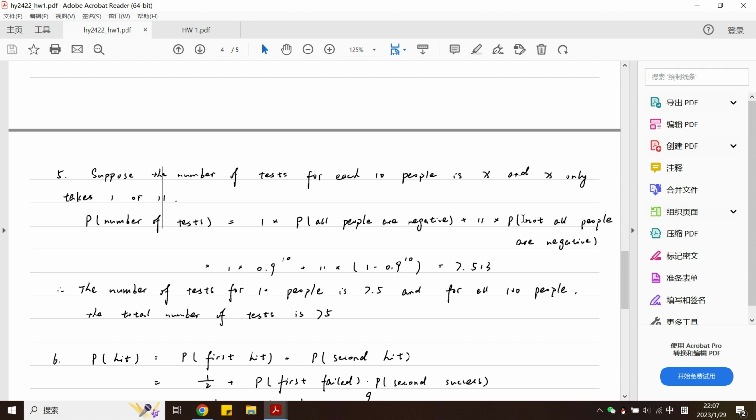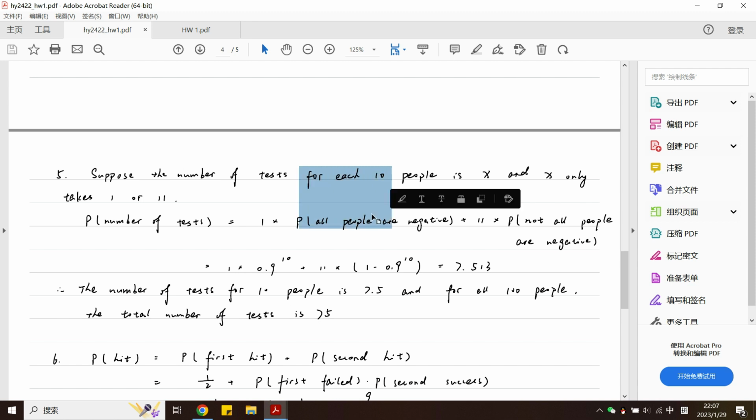After that, we also need to calculate the probability that not all people are negative. That means someone was positive, and we need to have 11 tests. So we need to find the probability that all people are negative, and also the probability that not all people are negative.